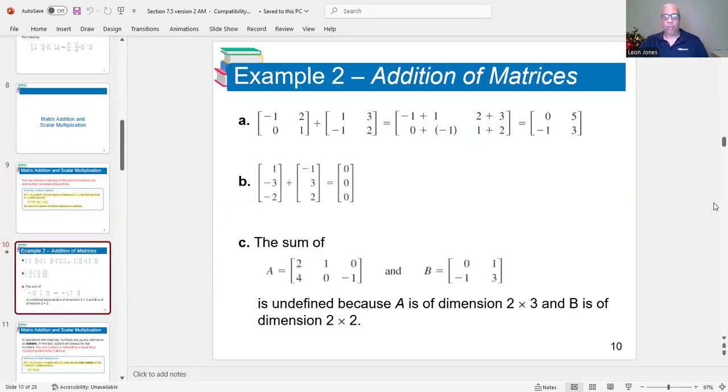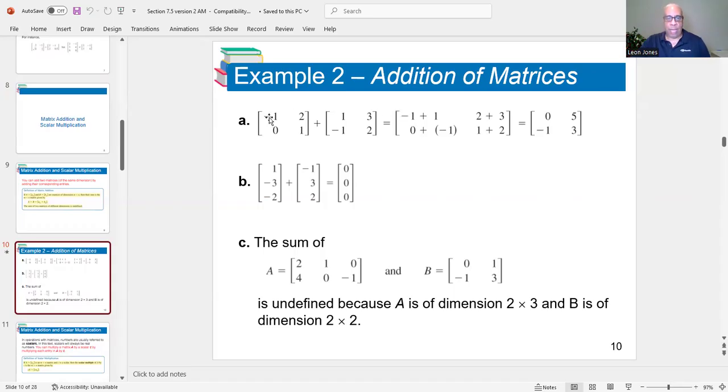So let's get into the addition. When you add matrices of the same dimension, normally it's A plus B. So this would be matrix A and this would be matrix B. You're going to have a11 plus b11.